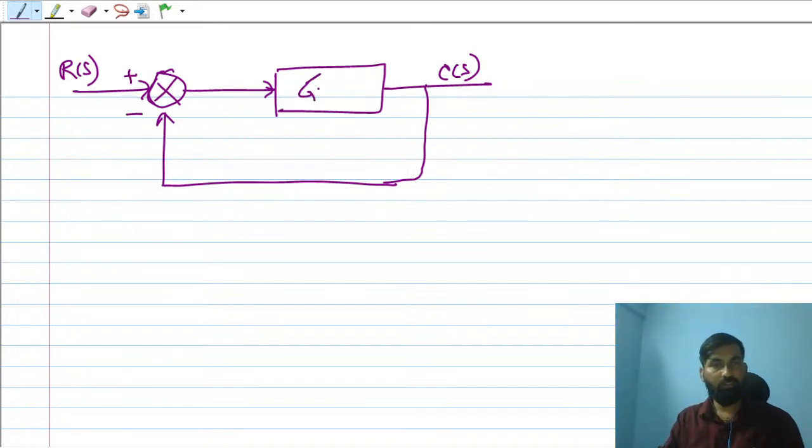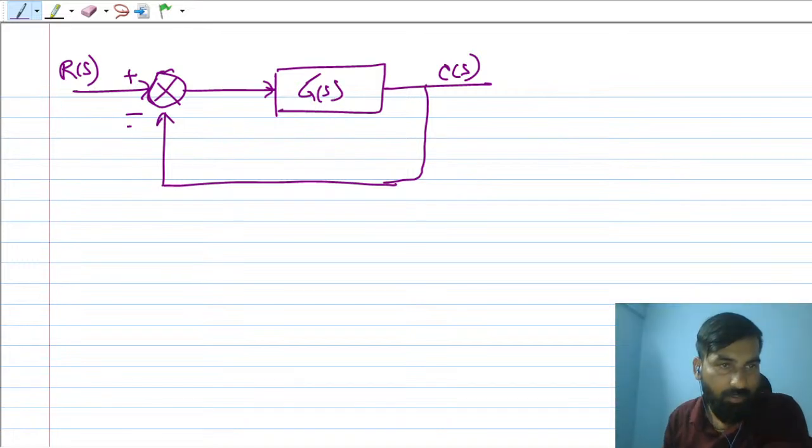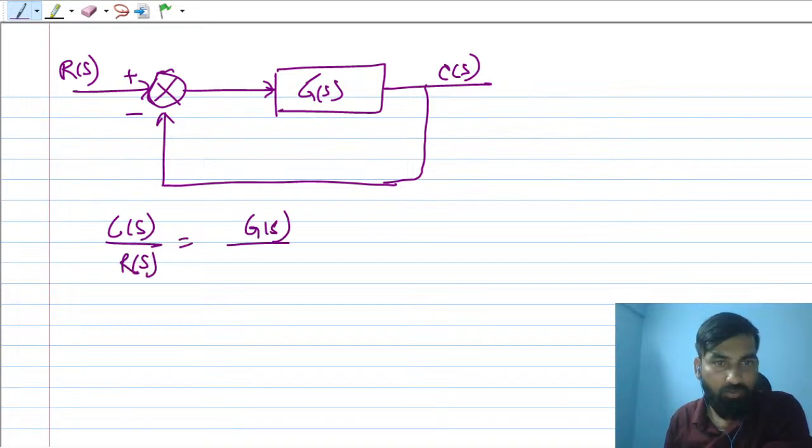Here it can be positive also, but we are talking about negative feedback. So the closed loop transfer function will be of this form: C(S) by R(S) is equal to G(S) upon 1 plus G(S).